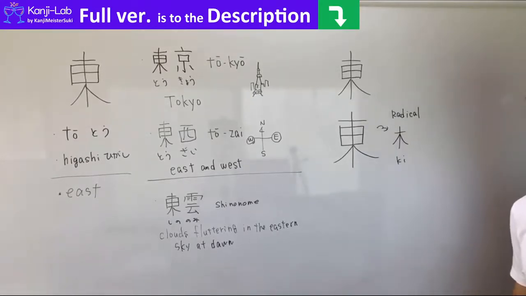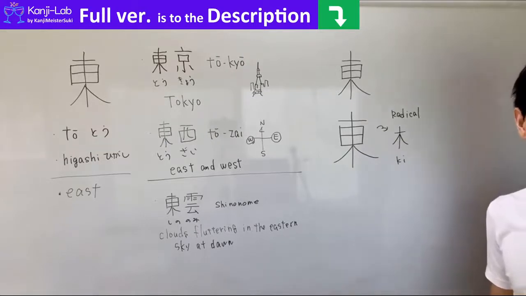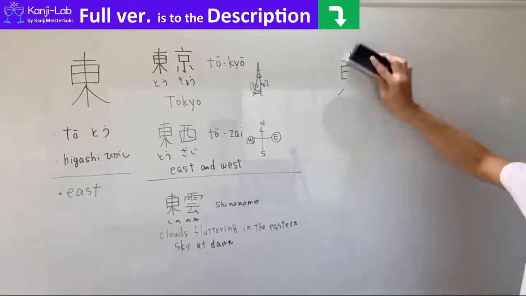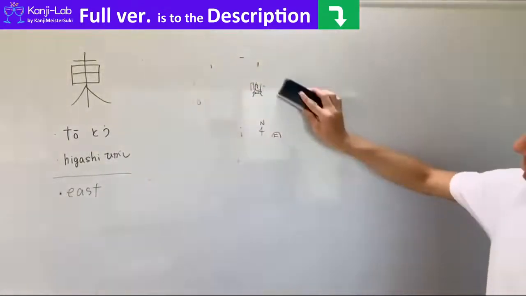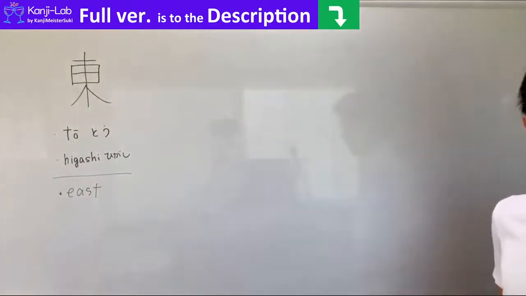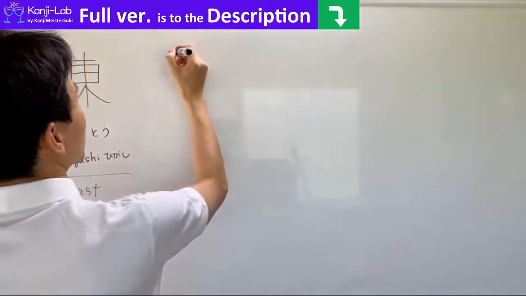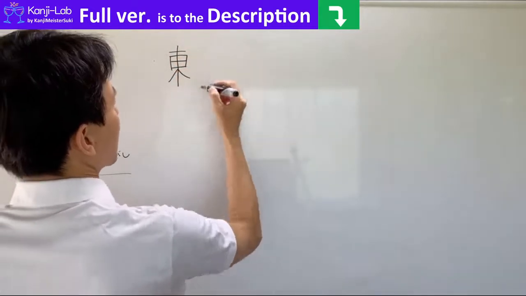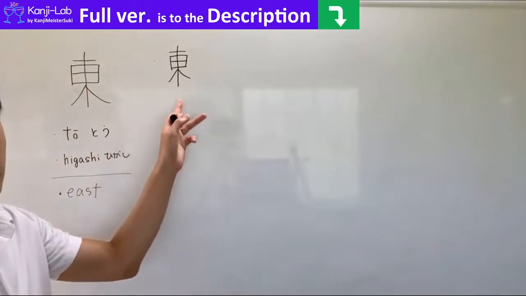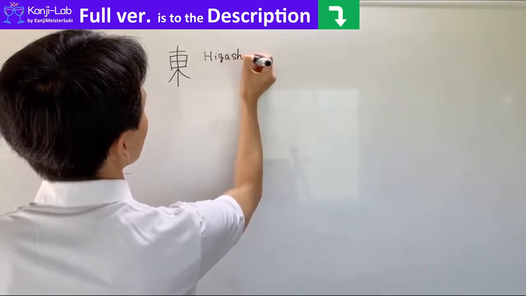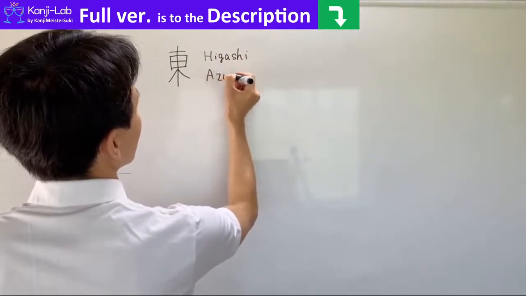And next, I will introduce a family name in Japan. Here are some family names that are particularly common in Japan. First, Higashi or Azuma.